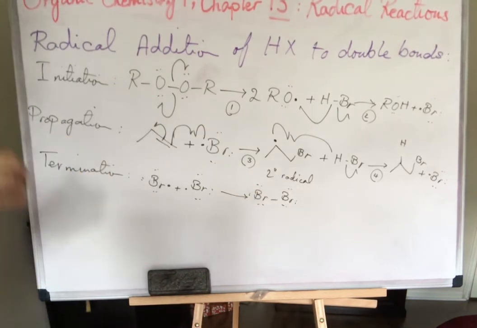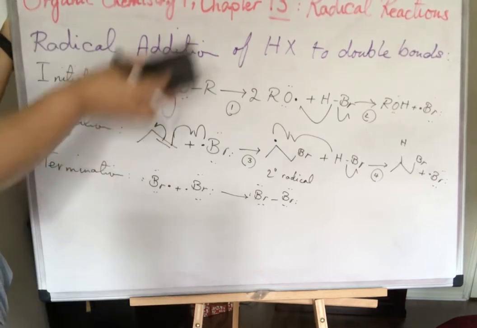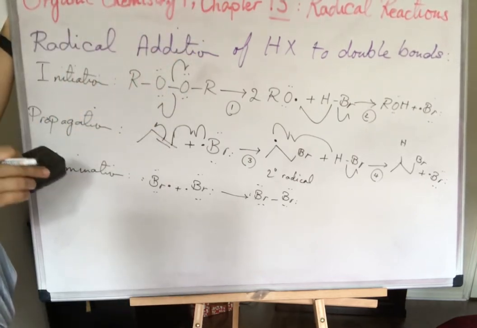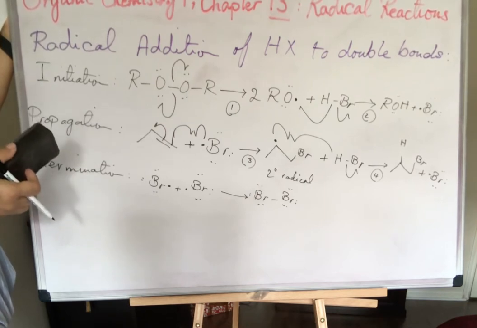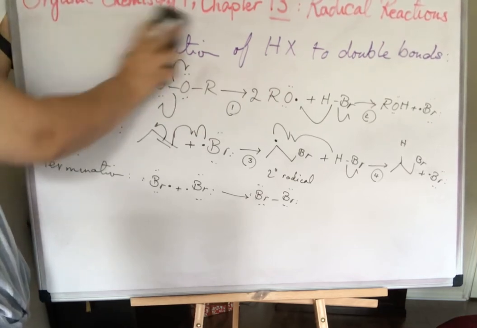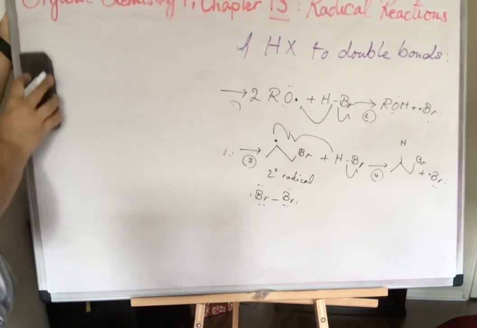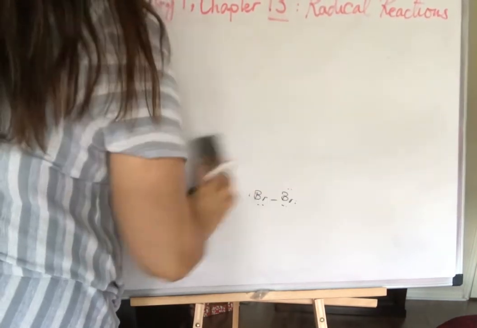That's what happens in the radical reaction, addition of HX, hydrogen halide, to double bond, which is the opposite of addition of hydrogen halide, like the way you used to do and you learned before. It's non-Markovnikov. The reason is because of the formation of more stable radical in the propagation step.